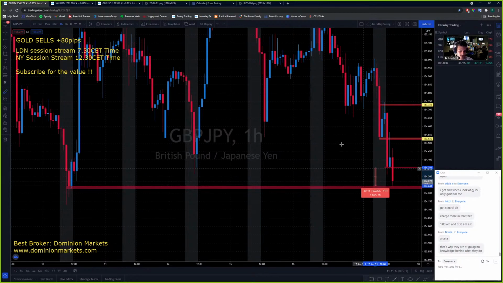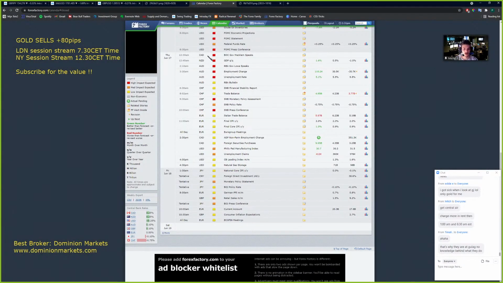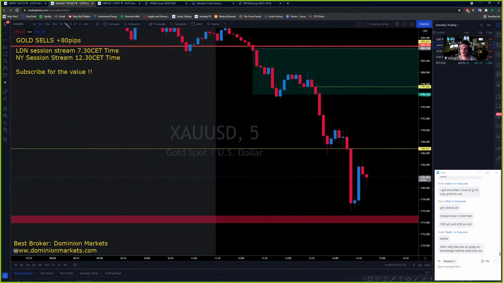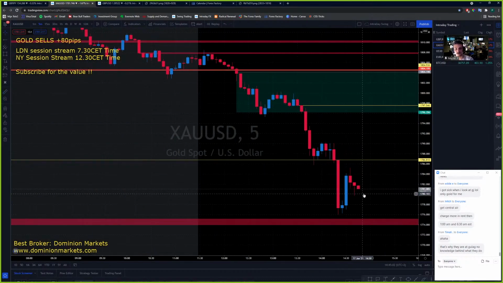That was insane. News came out so bad, so much worse than expected. I thought it would have definitely more impact on gold, but it was just a 50-60 pips, relative to the move down. I thought it would have a bigger impact.